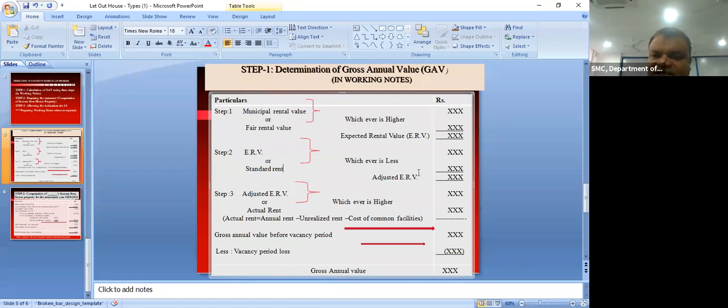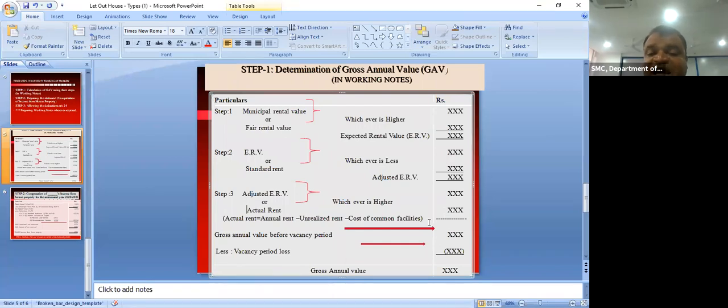Then this adjusted ERV is going to be taken in step three as the first value, and then the rent that actually has been received for the house, you have to calculate and put it. Now you have to compare these two, and whichever is higher, you take it as the actual rental value, or gross annual value as we called it before.